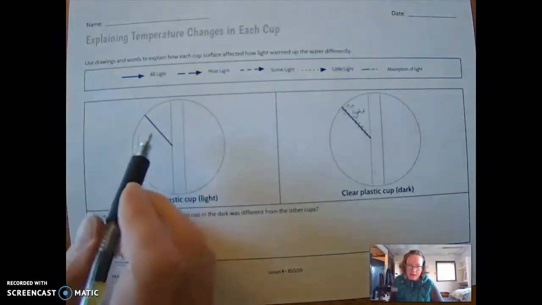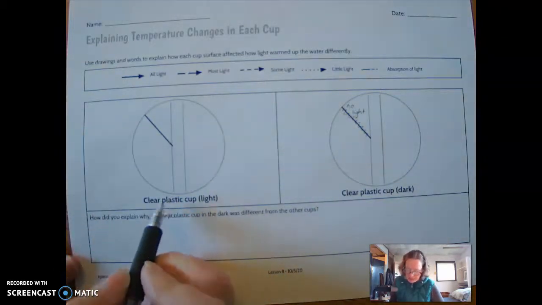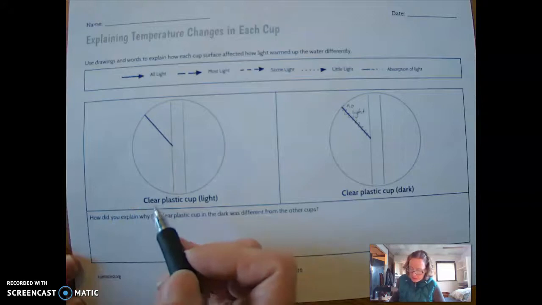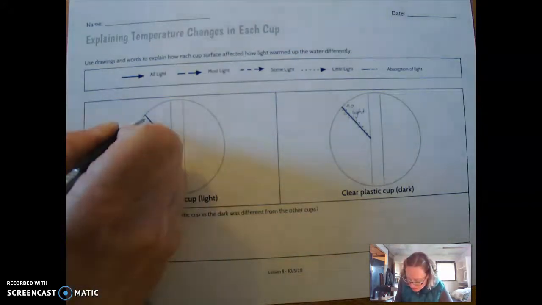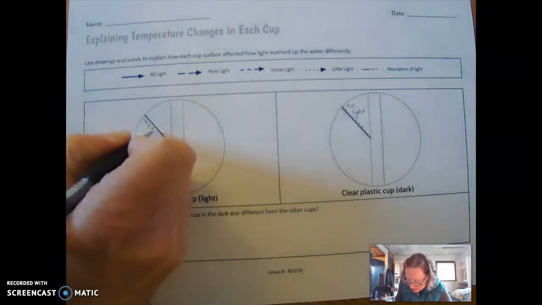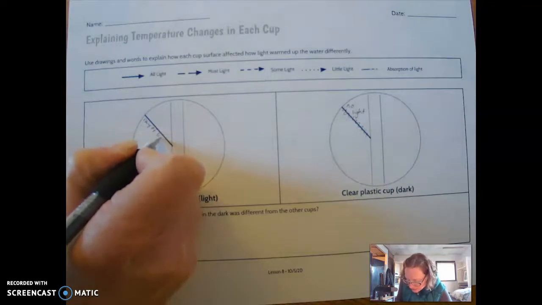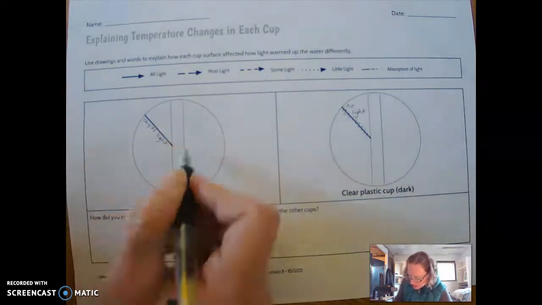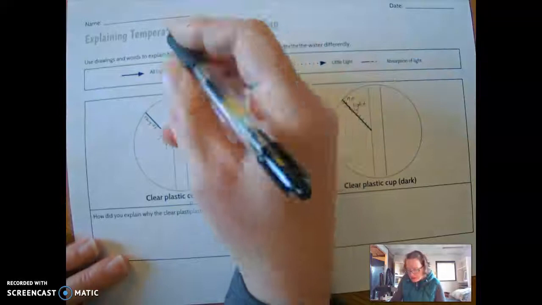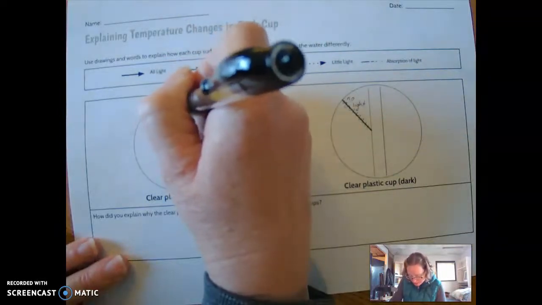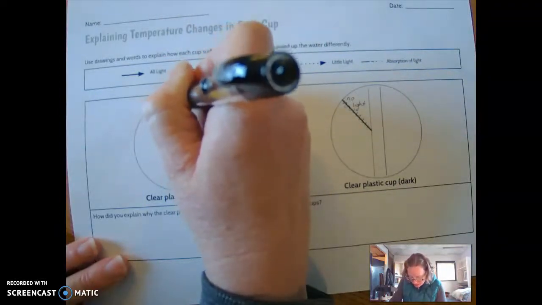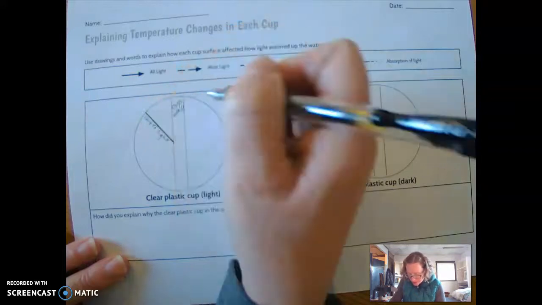So let me go back here to our clear plastic cup and what I'm looking for. Remember, we're going to label things. So this is a ray of light. This right here, the thick part, is the wall of our cup. Cup wall.